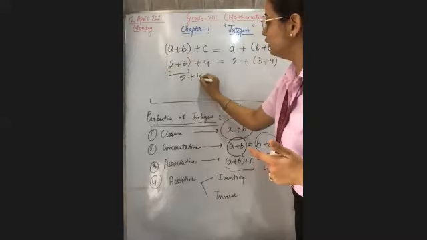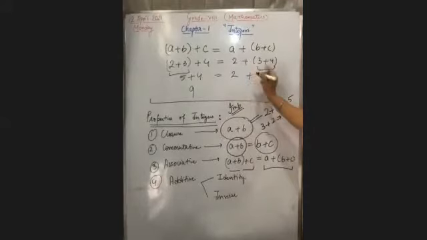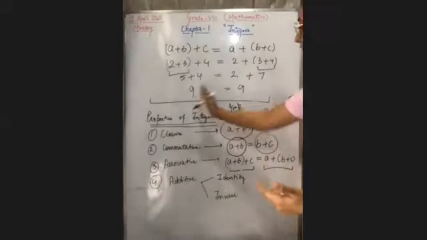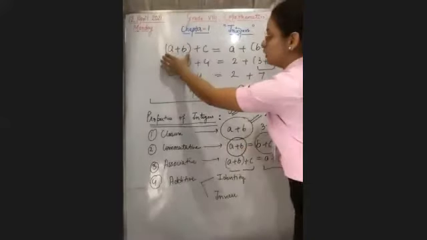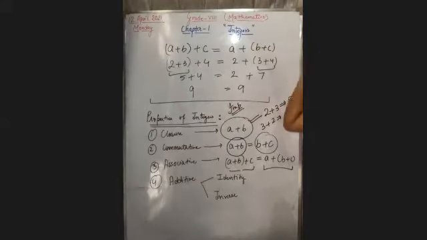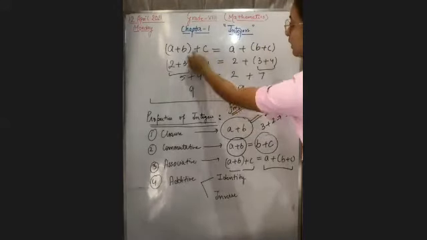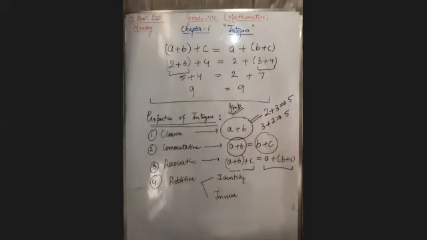Here, first of all, solve this bracket, 4 plus 3, that is 7, and add 2, that is equal to 9. So both are equal, 9 equals 9. The meaning of associative is that whether you solve these two terms first or these two terms first, and then add the third term, the answer will be equal. Left hand side will be equal to right hand side. Yes, Rushil, very good.